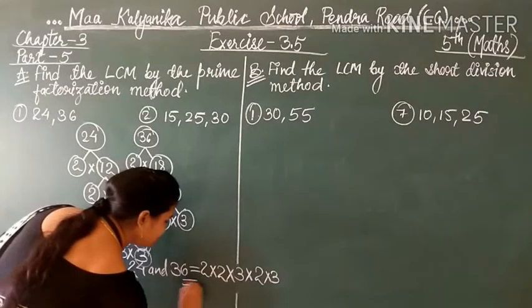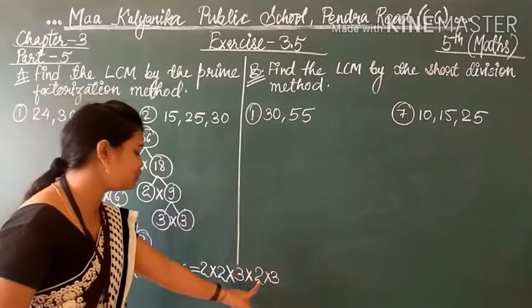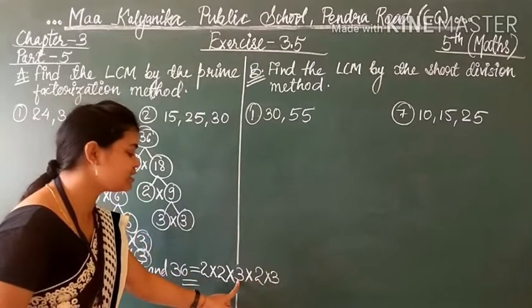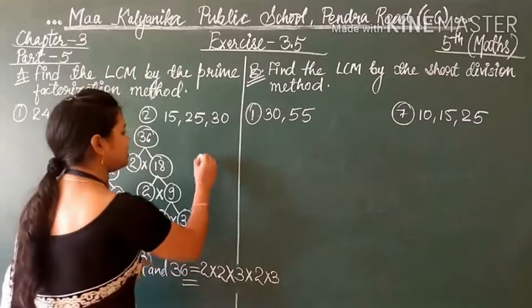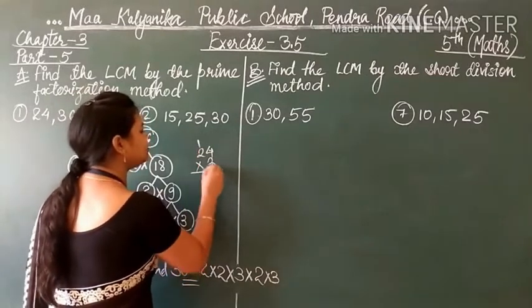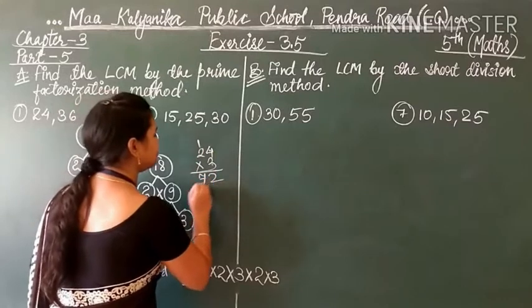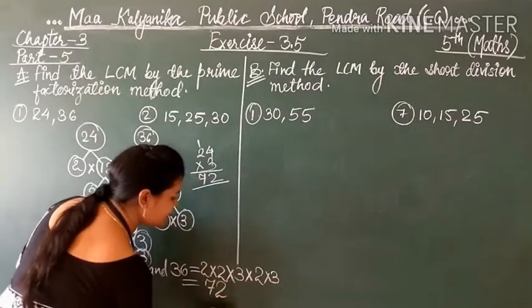So now try to multiply it. 2 2s are 4, 4 2s are 8, 8 3s are 24, and 24 multiplied by 3. 3 4s are 12, 3 2s are 6, 1 7. So we are receiving the answer here as 72.